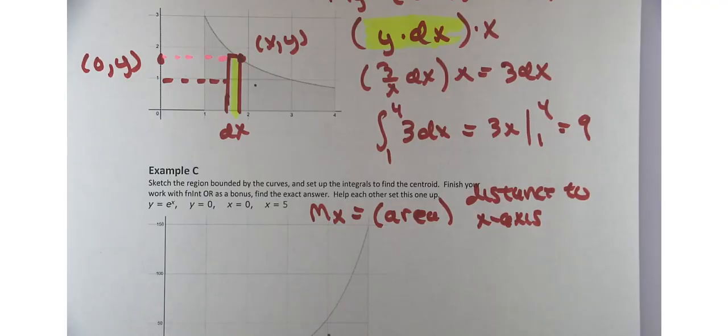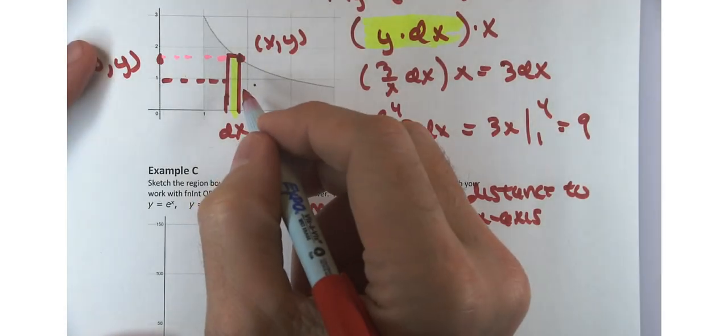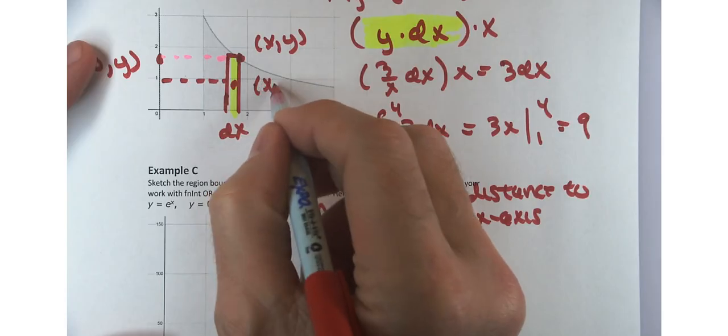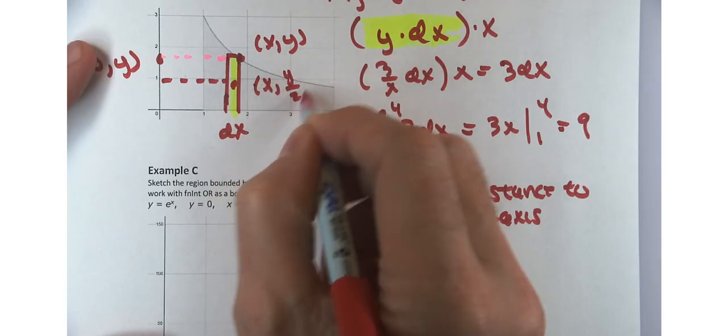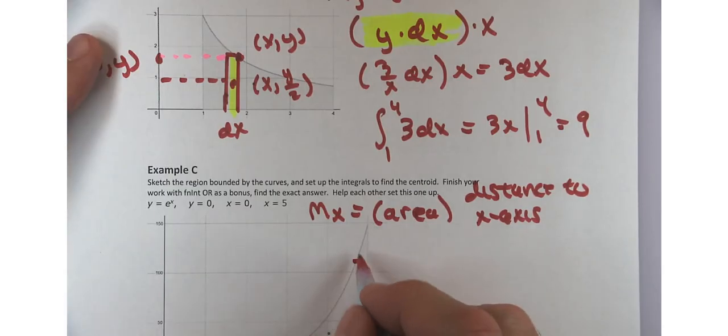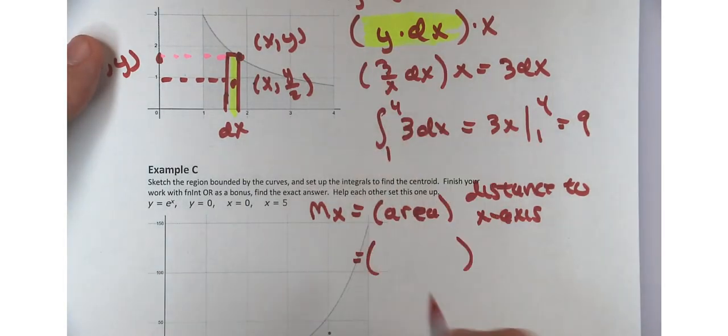Where is that distance going to be felt? The midpoint. So that has coordinates of, say, x and y over 2. Okay. Let's see if this one works out pretty nice. That area is going to be the same thing as before. It's going to be y times dx.